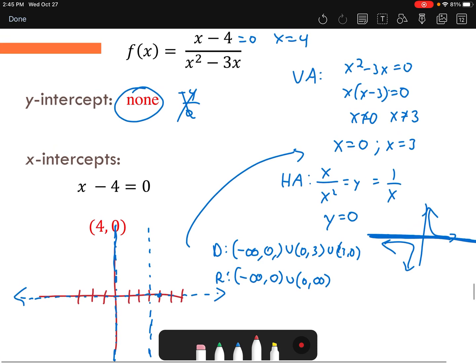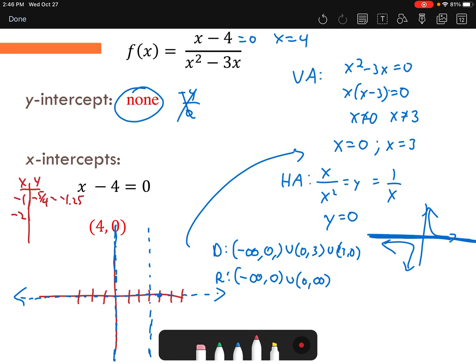So from the negative side, from negative infinity to 0, we can start plugging in points. If we plug in negative 1, we get negative 5 over 1 plus 3, 4. Negative 5 fourths, or negative 1.25. Let's plug in 0. We get undefined, so we can't do that.